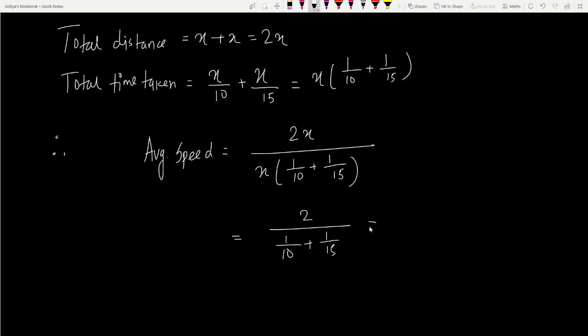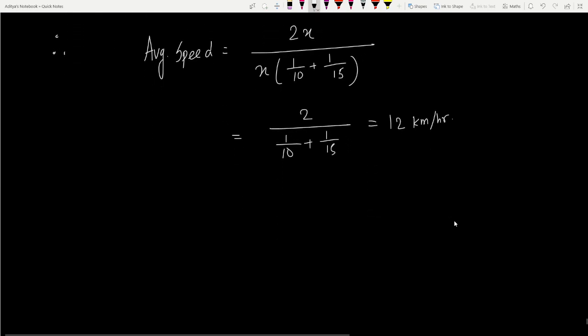And this would give you 12 basically as your answer. So 12 kilometer per hour is basically the average speed of his entire journey. And if you can notice, it is not equal to 10 plus 15 divided by 2, which rather is 12.5. So see, there's a minor difference, right?